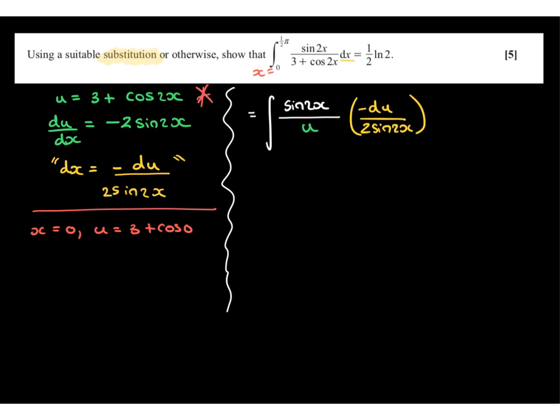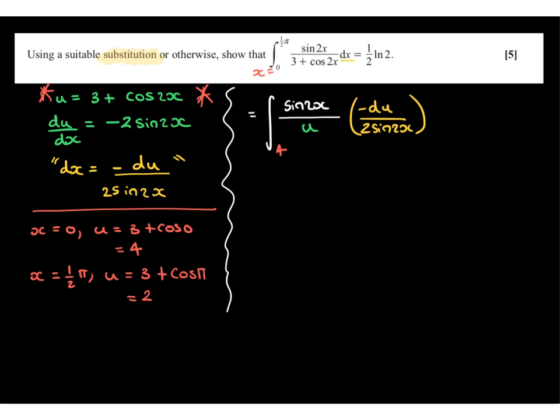Remember, I'm using this to convert the limits. So that gives me a limit of 4. So the lower limit is 4. And if x is equal to 1/2 of pi, then u is equal to 3 plus cos pi, which gives me an upper limit of 2, as cos of pi is -1.